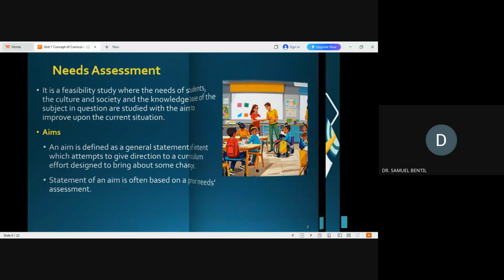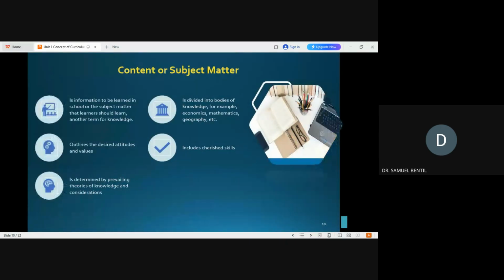Now, having looked at that, let's get to content or subject matter. When we say content or subject matter, content is basically the information to be learned in the school, or the subject that learners are supposed to be taught, or knowledge that learners are supposed to be provided with.